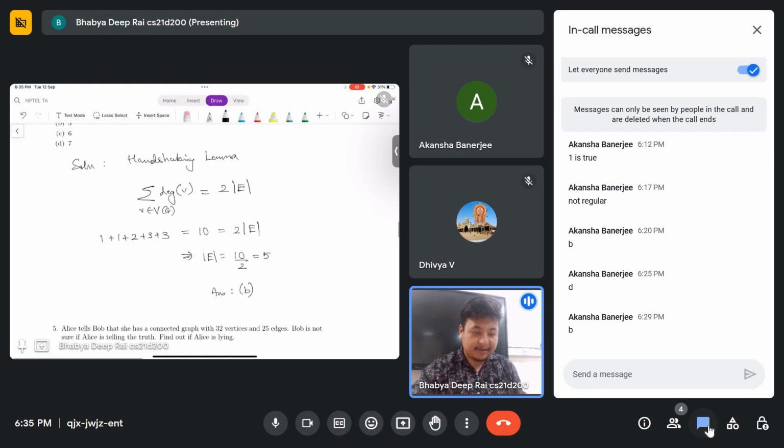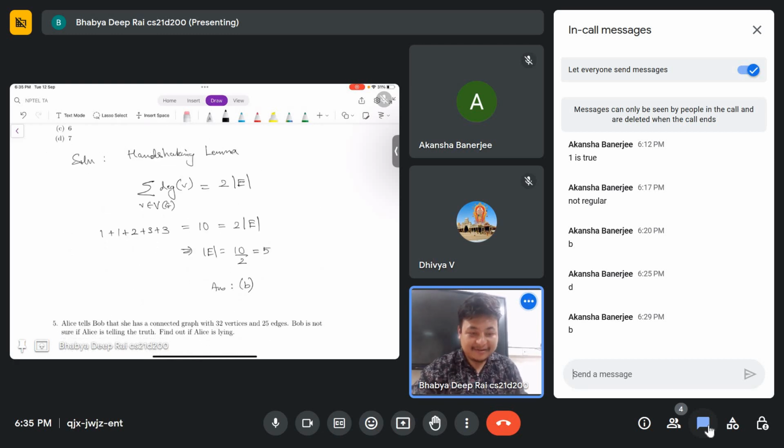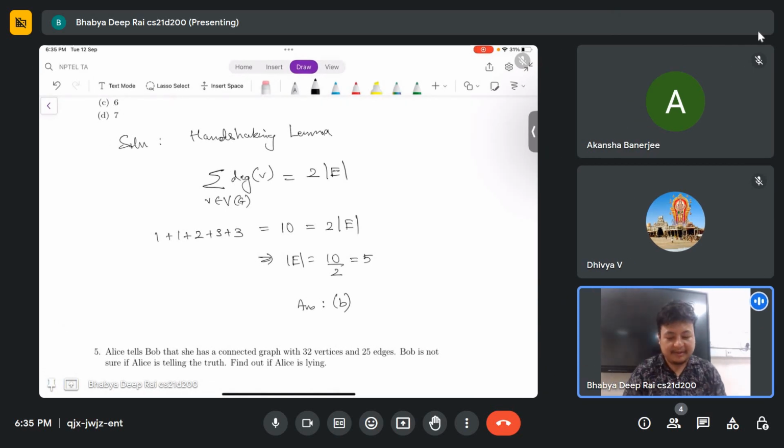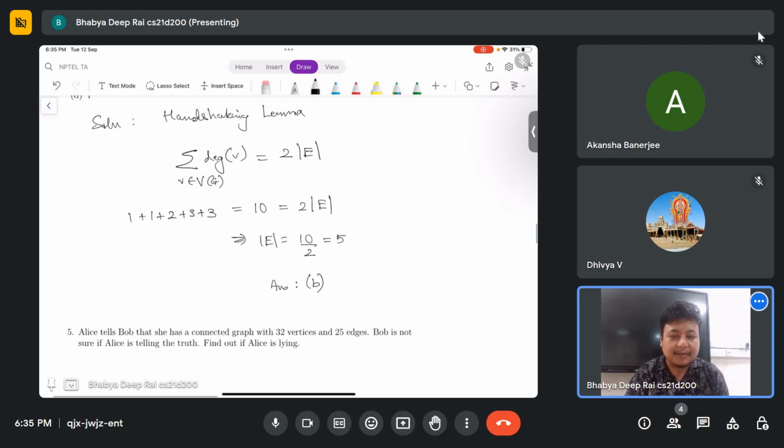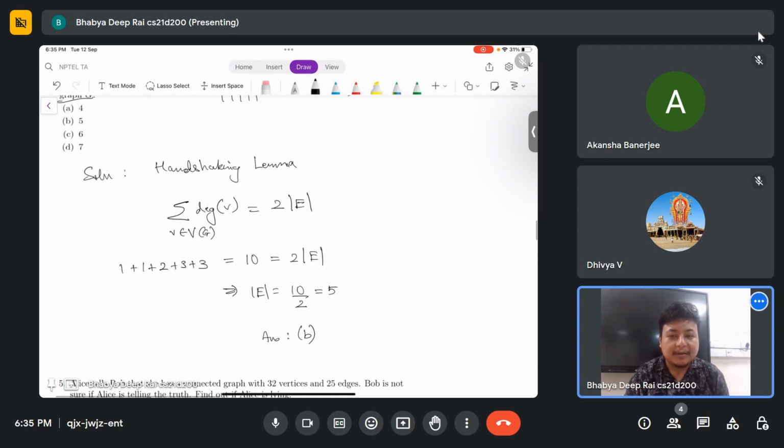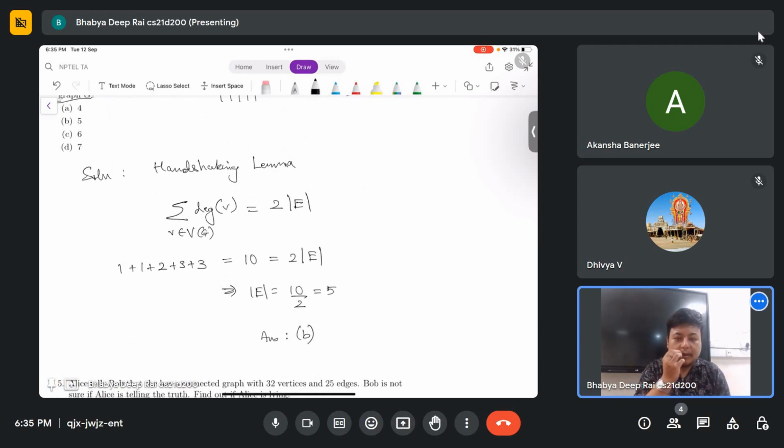Right, B, 5, is the answer. That's right. Good. So here's another nice one on the property of graphs. Is it fine so far? Please let me know if you want me to repeat something, okay?